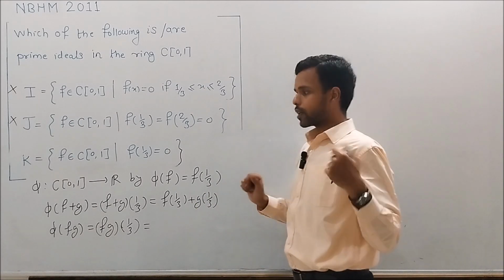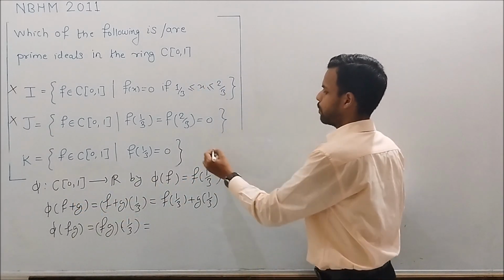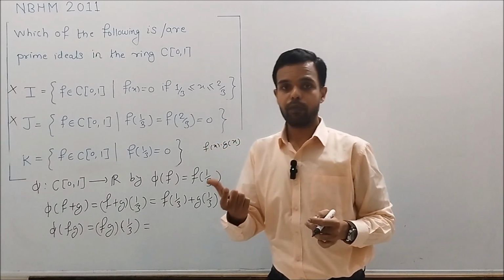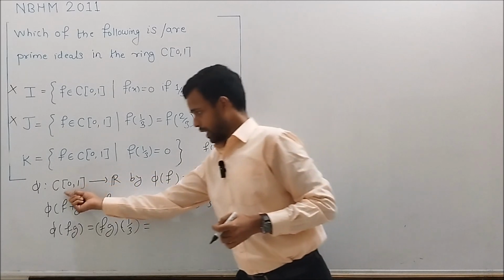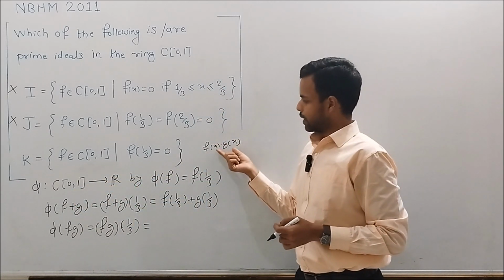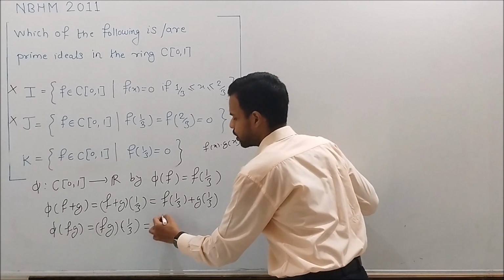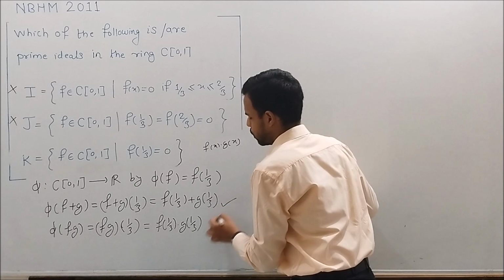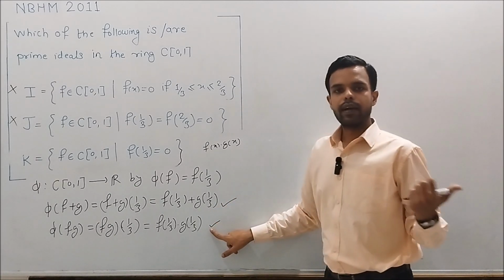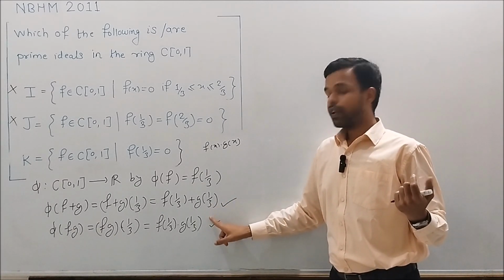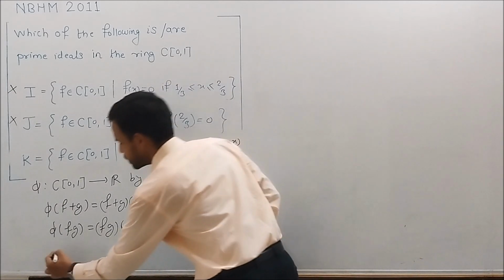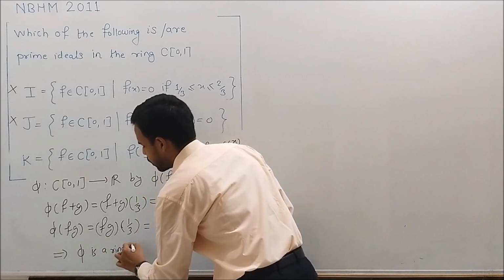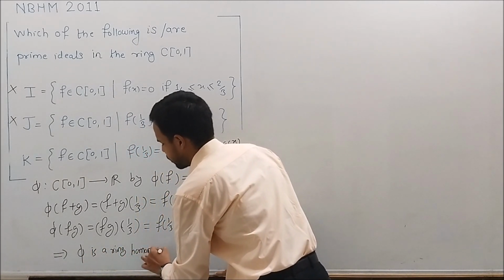By definition of product in this ring, we have used the product as f(x) times g(x), not as function composition. So by this definition, this is nothing but f(1/3) times g(1/3). So phi satisfies these two properties, which is the definition of a ring homomorphism. So this implies phi is a ring homomorphism.